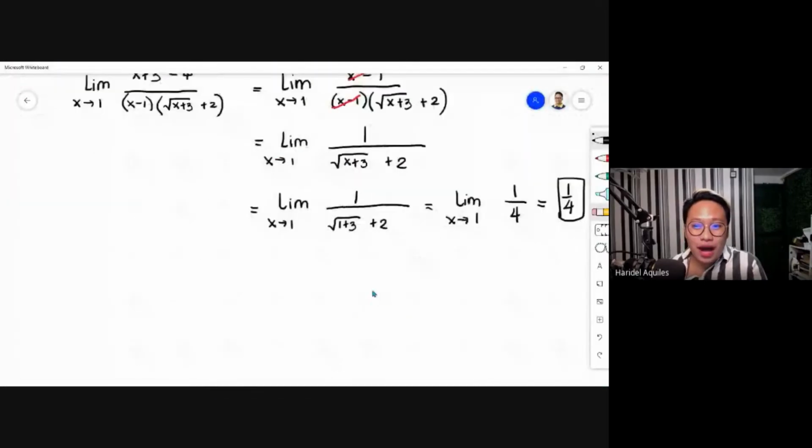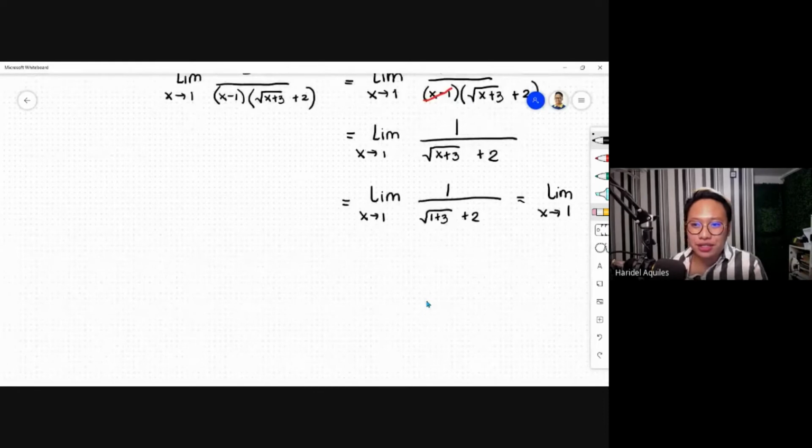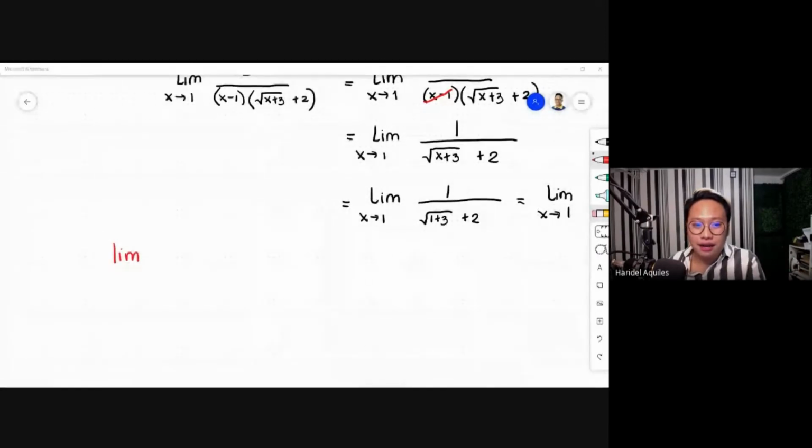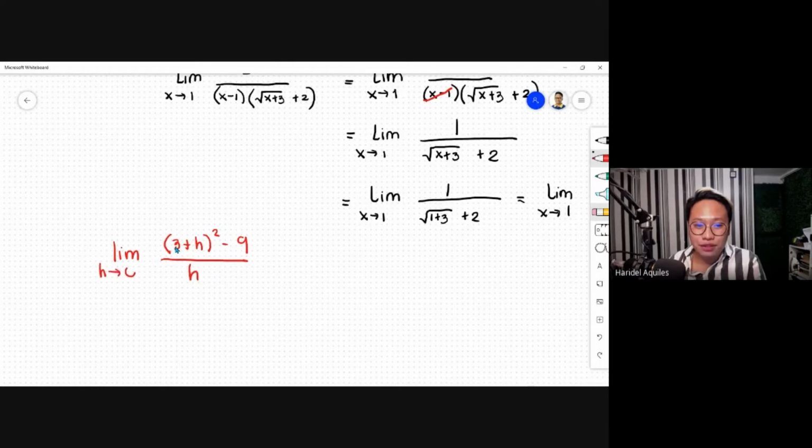Good. So I want you to do examples that you can process or solve on your own. You can grab a sheet of paper and try to evaluate the limit of this function: (3 plus h) squared minus 9 over h as h approaches 0.